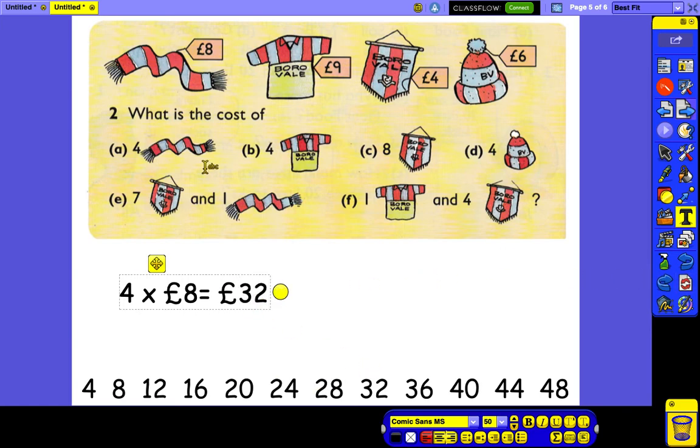Okay, now that's easy enough when you go along this line, but once you get to 2A, it's slightly different. You have 7 flags to do and 1 scarf. Now, each flag is £4. So it's going to be £4 times 7. What's that answer? And then on top of that answer, you have to add on 1 scarf, which is £8. So take care there, boys and girls.